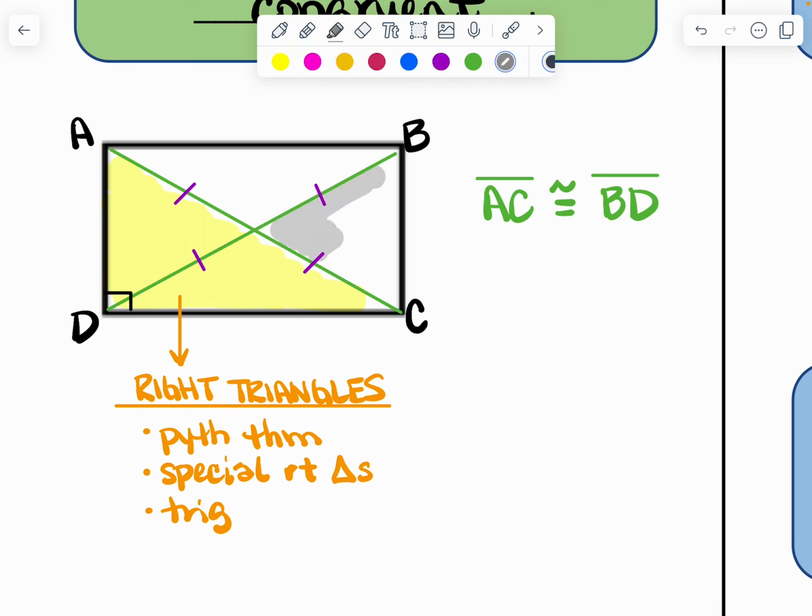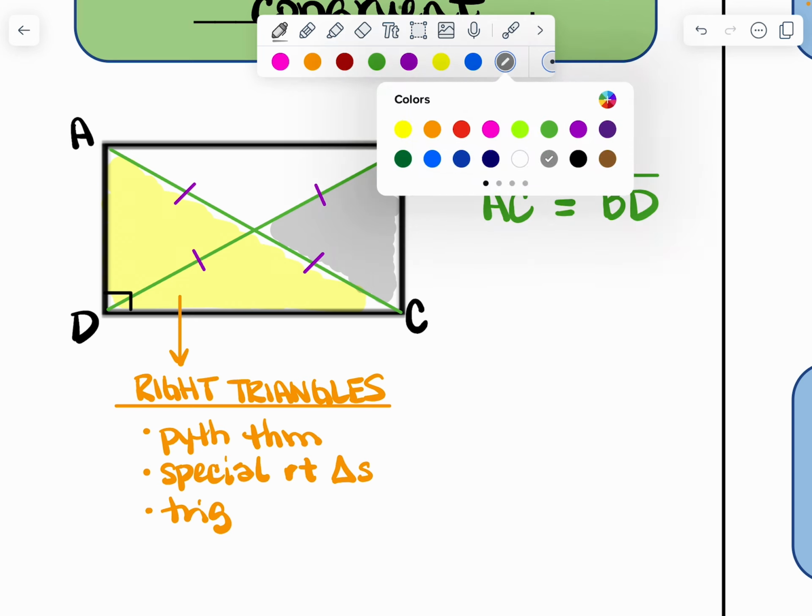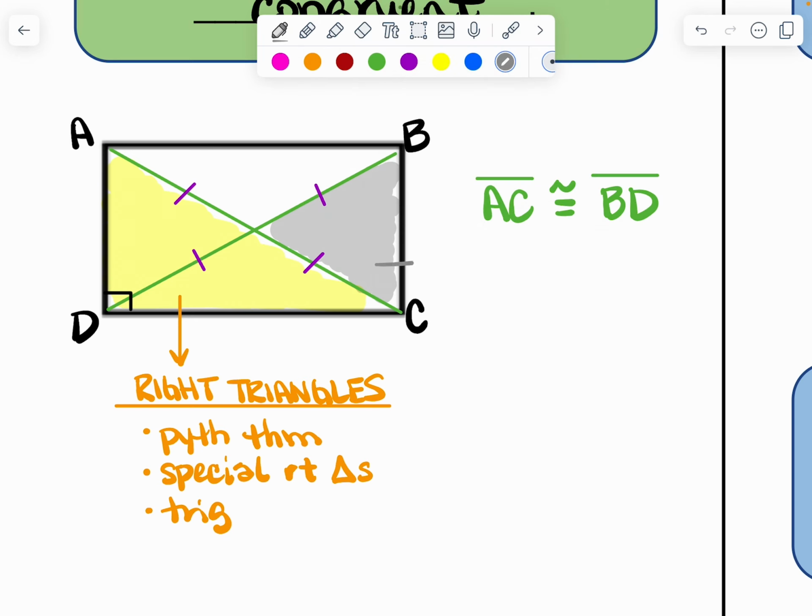And if all four of those pieces are congruent, then do you happen to notice what other kinds of triangles are inside of rectangles? Let me get a gray marker. All right, hopefully you guessed it. Isosceles triangles.